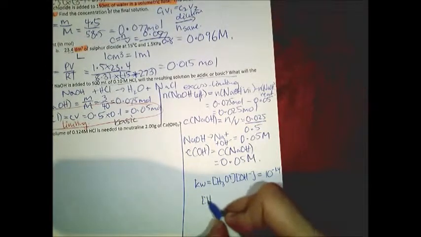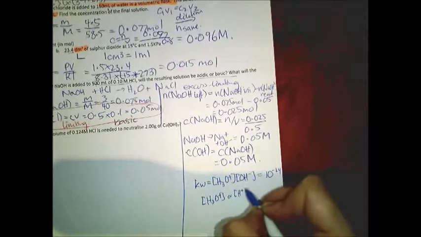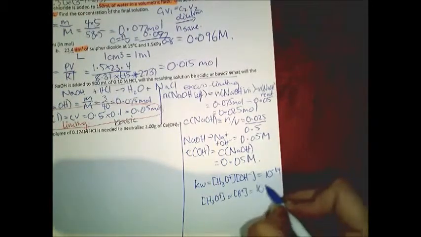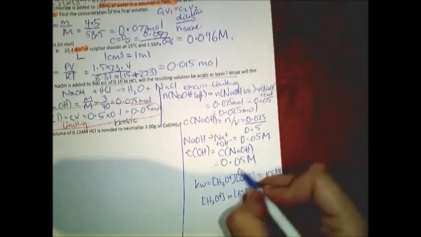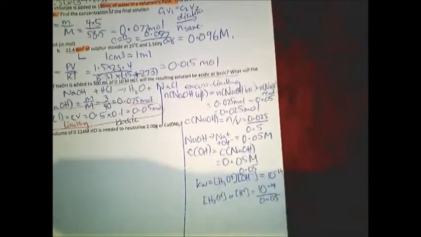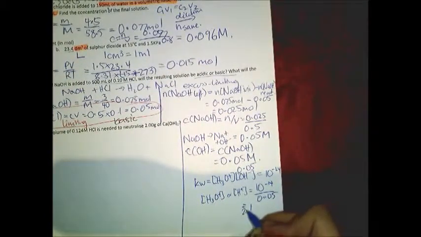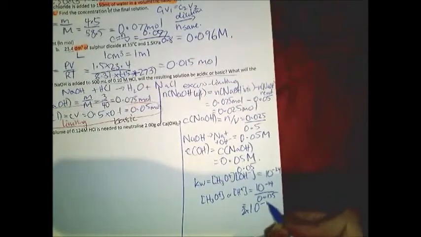So the concentration of H3O+ or H+, same thing, equals 10 to the negative 14 divided by 0.05 equals 2 times 10 to the power of negative 13.